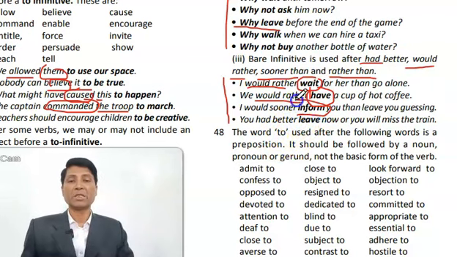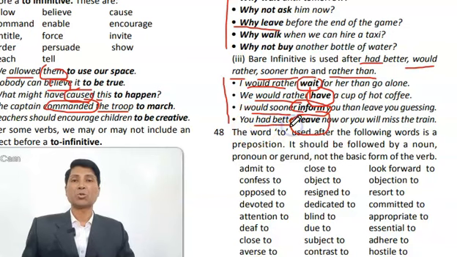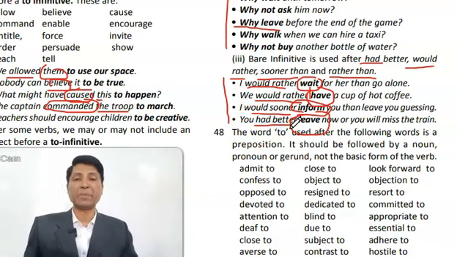So here "inform" is a bare infinitive because it is coming after "would rather". You had better leave now or you will miss the train. So here "leave" is a bare infinitive because it is coming after "had better". So the thing that you need to keep in mind is that had better, would rather, sooner than and rather than are followed by bare infinitive, meaning infinitive without "to".